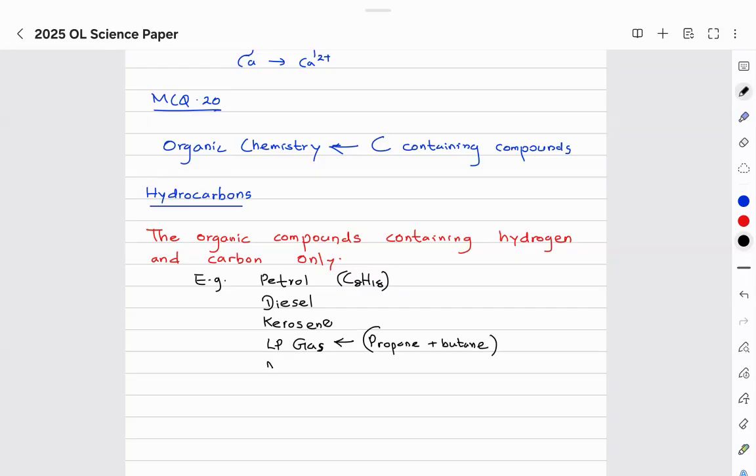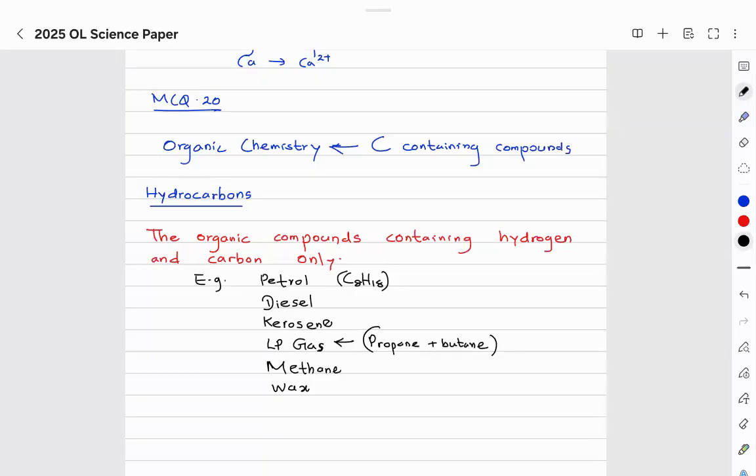Then methane, right? And wax. So what are these? Hydrocarbons. Is it clear? Hydrocarbons means carbon and hydrogen containing compounds, right?